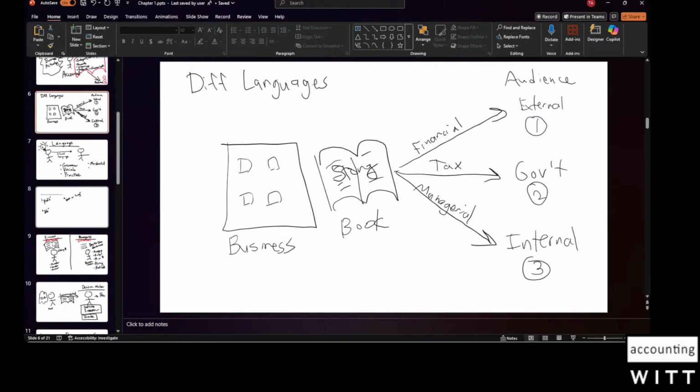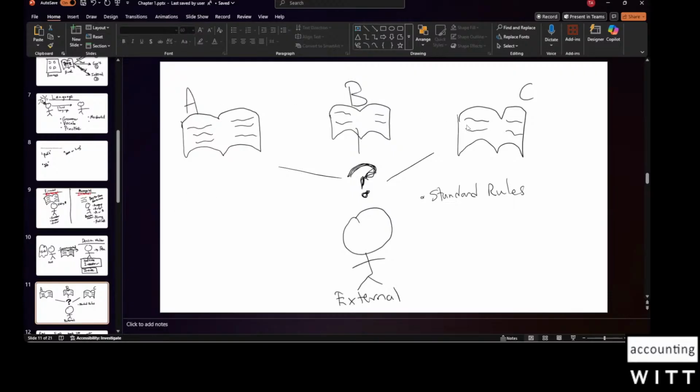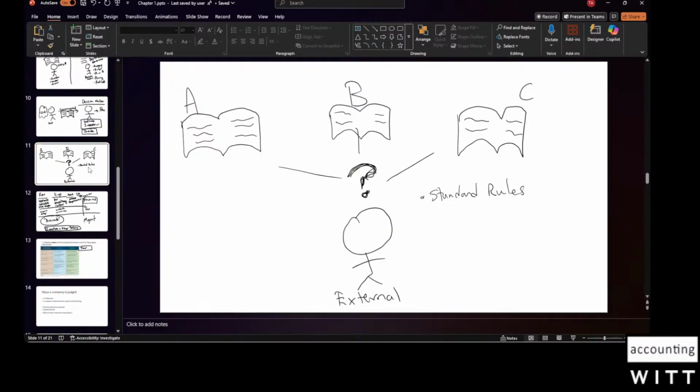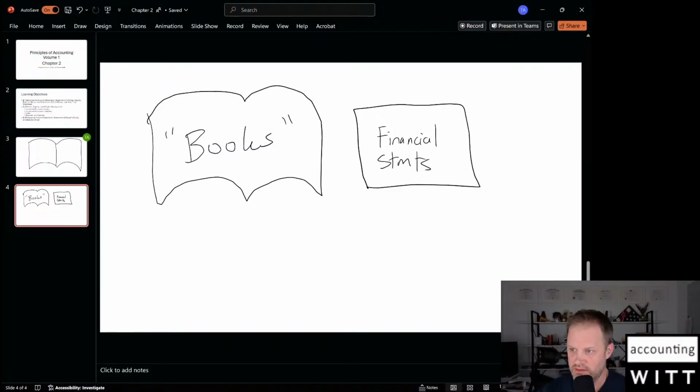I need to change that to be the communication is not by handing them the book, it's by handing them financial statements. So it's like businesses have books. So I need to split that into, you've got books and then financial statements.